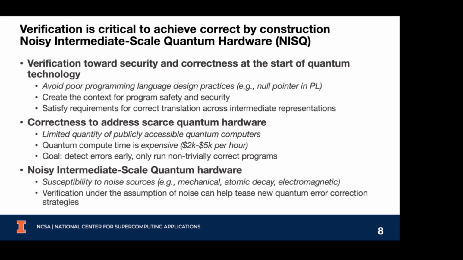We also want to deal with noisy intermediate-scale quantum hardware, because right now this hardware is very susceptible to noise sources like mechanical noise or atomic decay. So there are errors in quantum, like bit flips. Bit flips also exist in classical computing, but in quantum the bit flip error is more common.